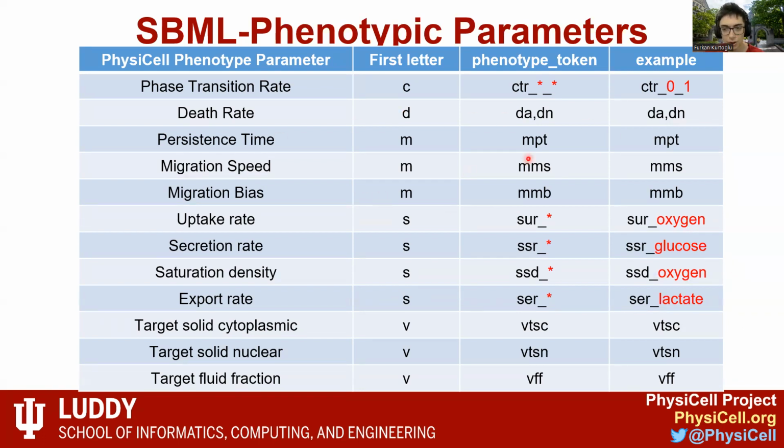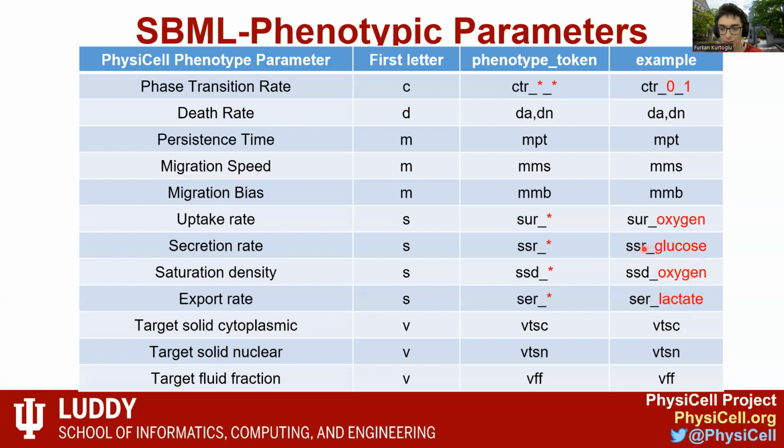To give an example, you can specify the death rate and map it to the apoptosis rate using just a token, and you can use the same structure for other parameters like persistence time. Some structures require additional information, like the index of the phase transition rate, or which substrate is used for secretion or saturation.